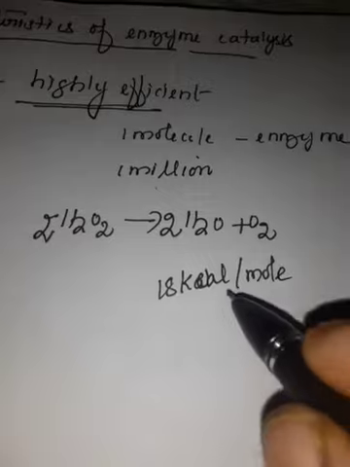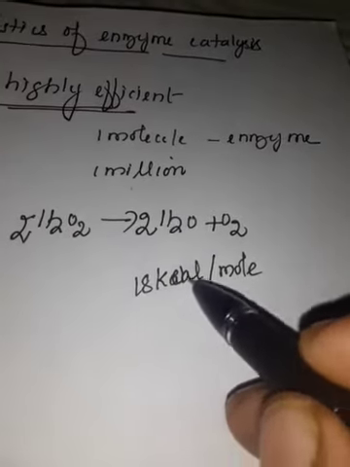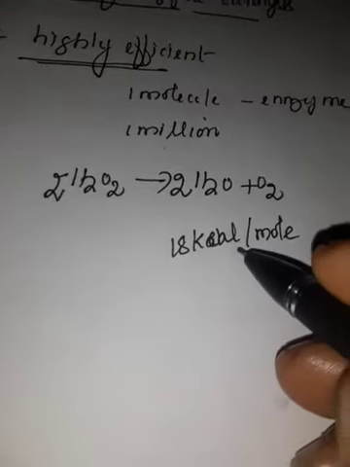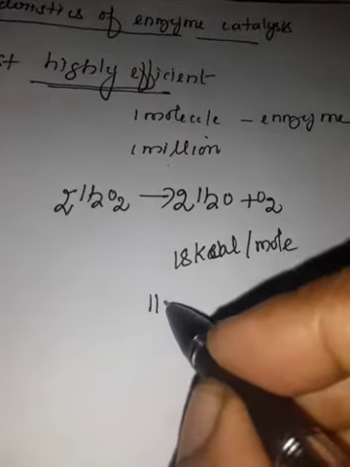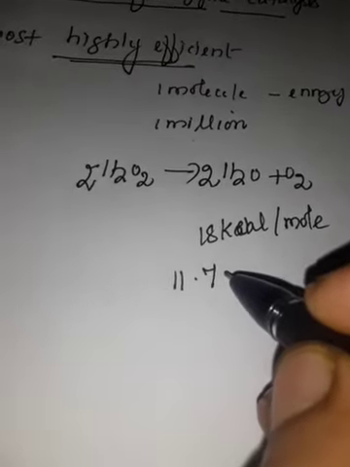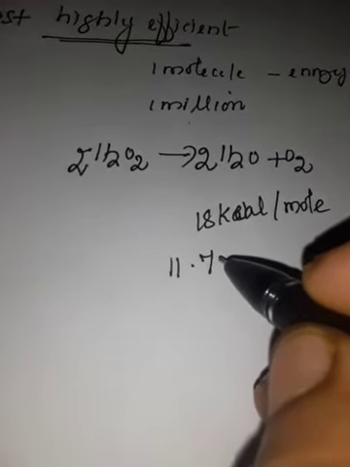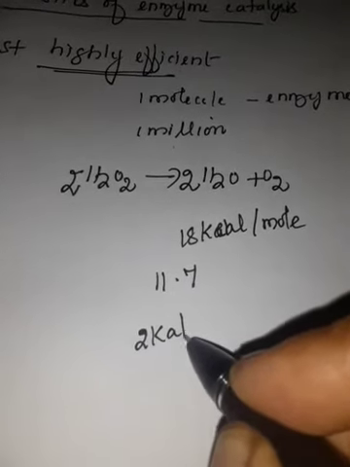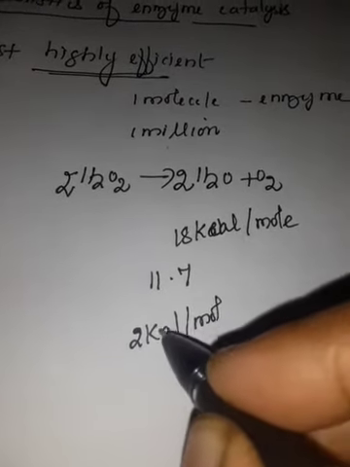But with colloidal platinum, the activation energy is 11.7 kilocalorie per mole. But with enzyme catalyst, the activation energy is less than 2 kilocalorie per mole. So it is most highly efficient.